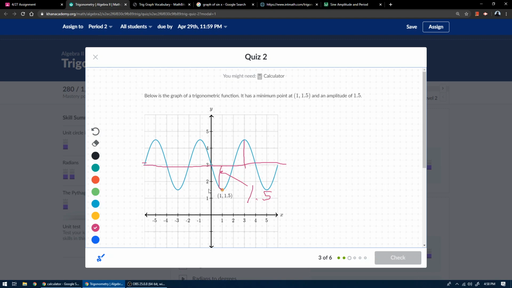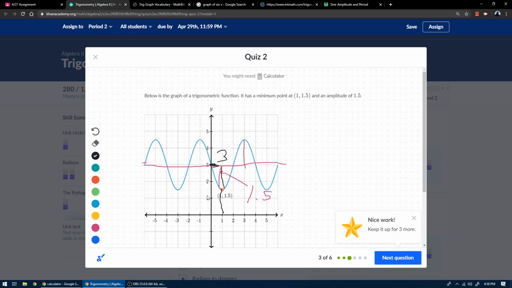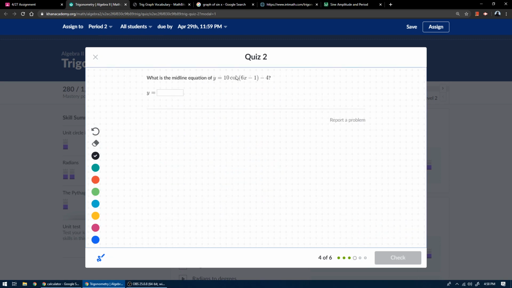So what's 1.5 plus another 1.5? That's 3, right? This is 3 right here. So the midline equation is y equals, because this is 1.5 up, another 1.5 up makes it 3. It's the midline equation of this.